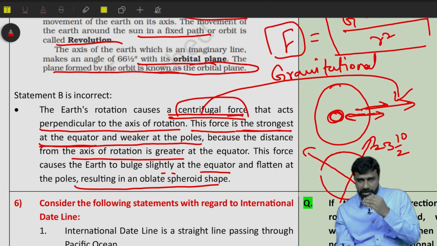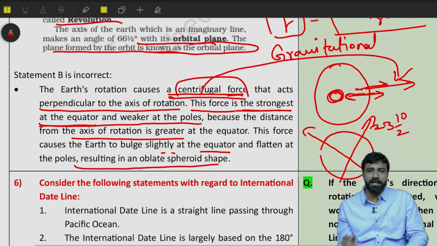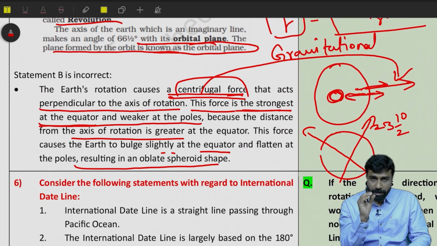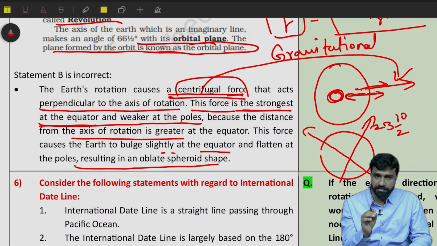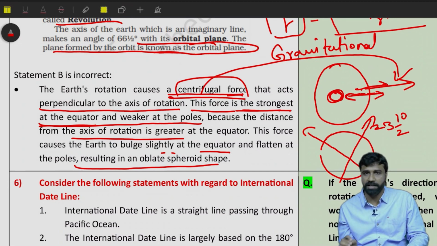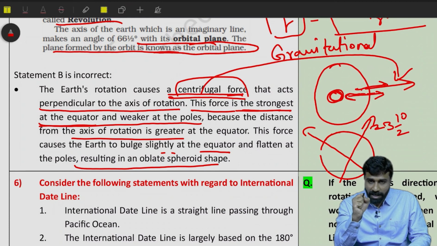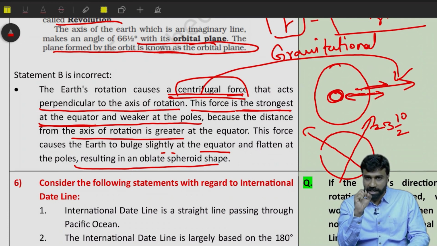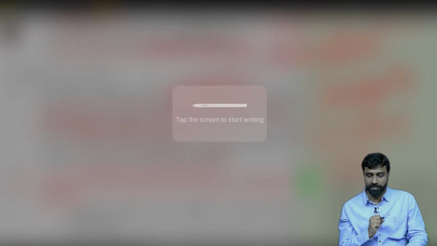In layman's terms, at the poles, the place on the surface is nearer to the center of the Earth, which is attracting towards the center.